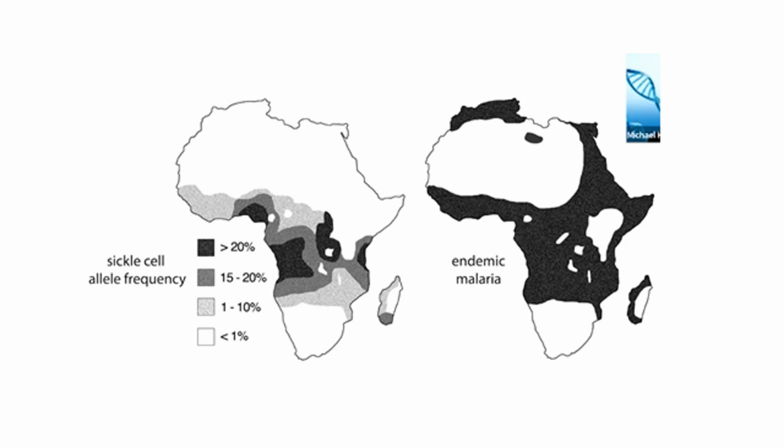From these two maps here, we can know the relationship between endemic malaria and sickle cell allele frequency. As we can see here, the sickle cell allele area is less than 20%.